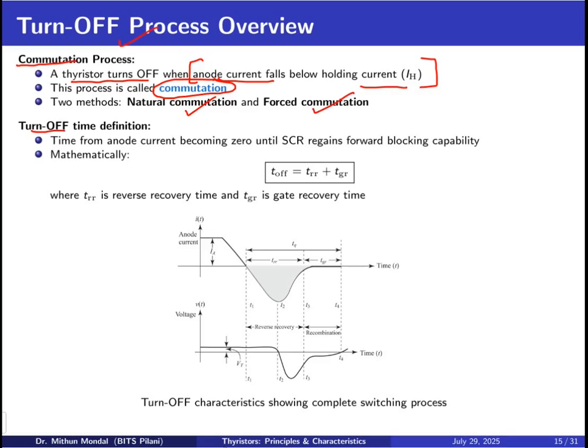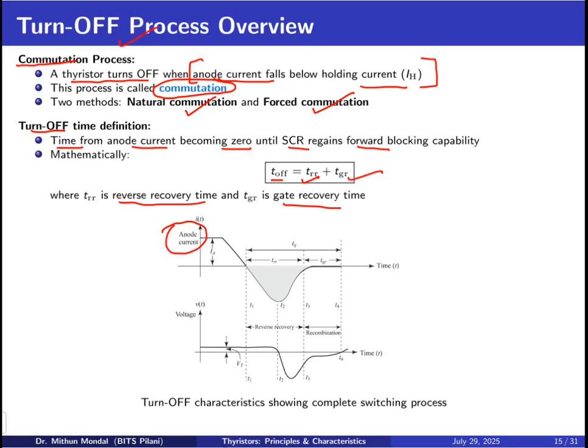Turn off time is basically the time from the anode current becoming zero until the SCR regains its forward blocking capability. Mathematically, the turn off time is the summation of two important times: one is the reverse recovery time TRR and another is the gate recovery time TGR. Here you can see the characteristic of the anode current.